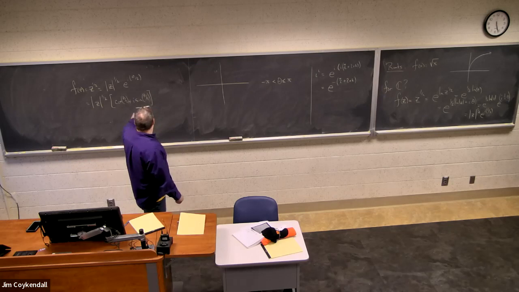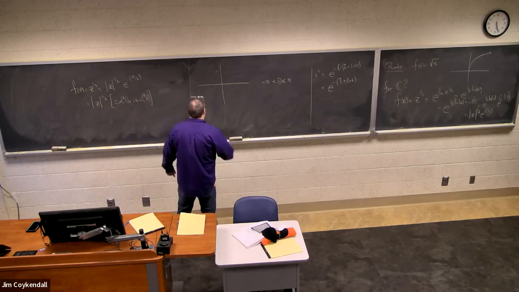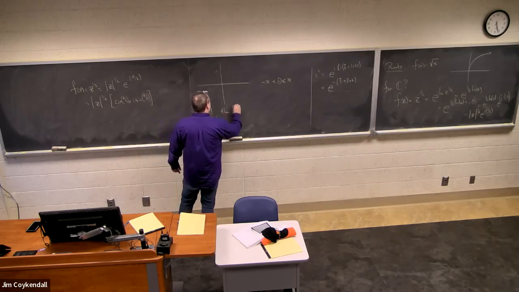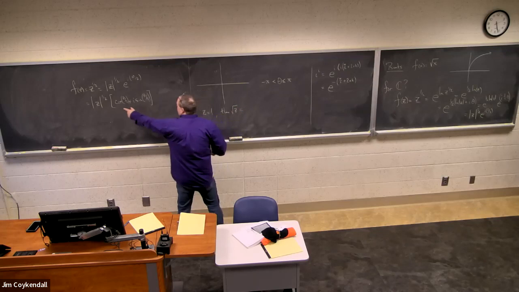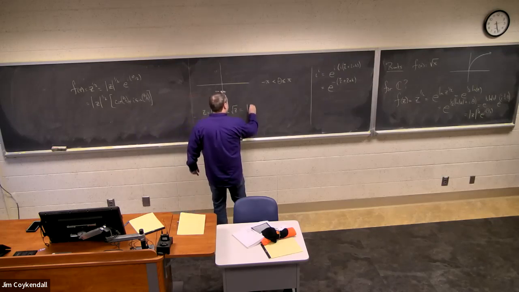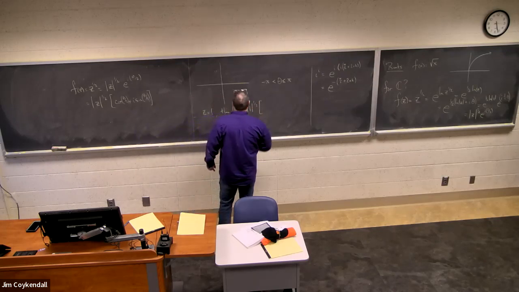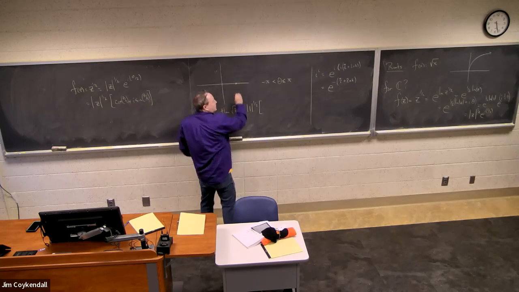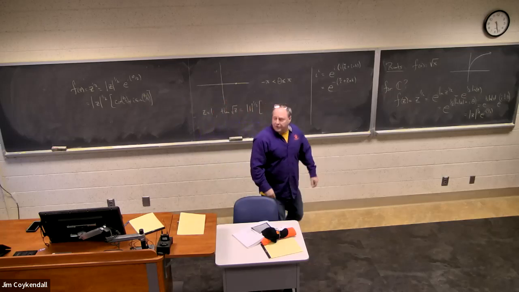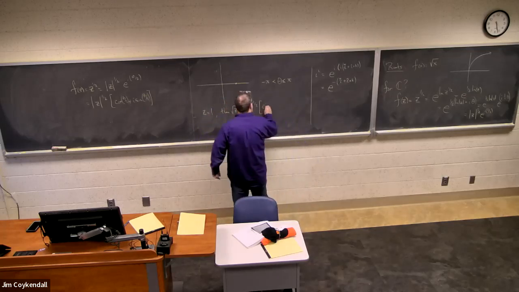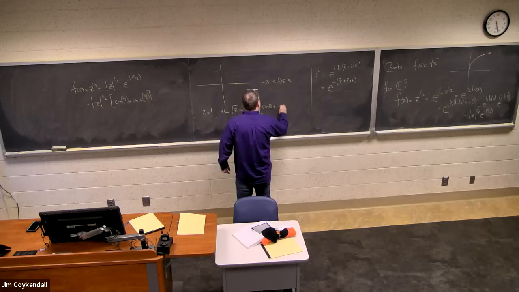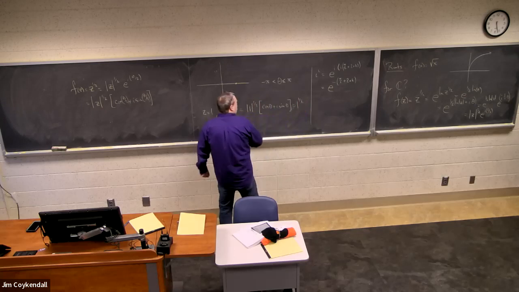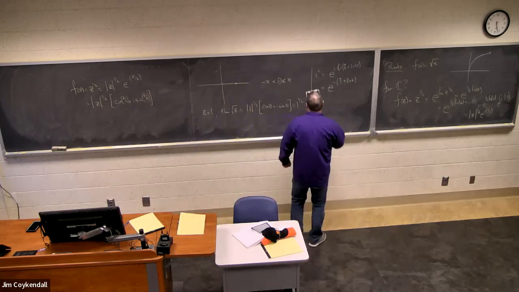So for example, if z is 1, then the square root of z using this formula is 1 to the 1/2 times cosine, let's see, at 1 my angle is 0, so 0/2 is 0. And I get 1.